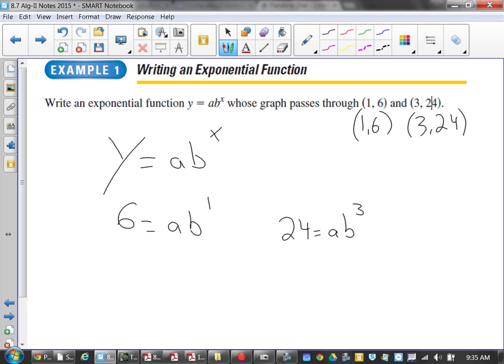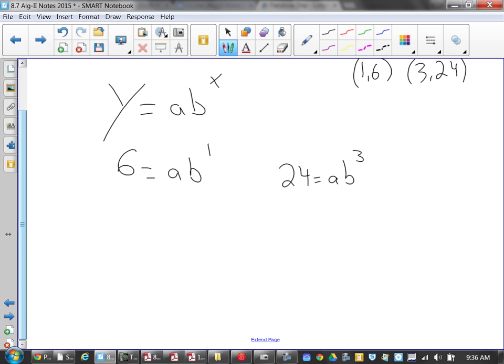I'm going to get a by itself in that first equation. It's usually a, because a doesn't have an exponent to worry about. So a is going to equal 6 divided by b. Substitute that into the other equation.